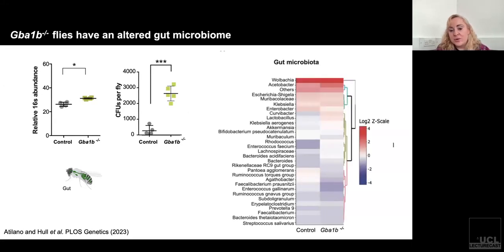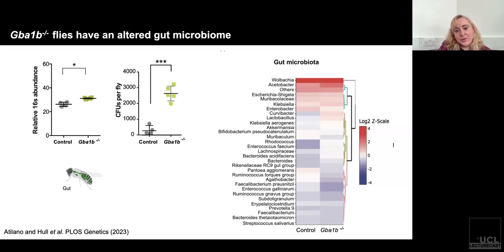We also looked in more detail at the microbiome using 16S ribosomal RNA sequencing, and this showed that there was significant alterations in a number of gut species between the controls and the GBA knockout flies, consistent with there being an overall alteration in the gut microbiome in GBA knockout.